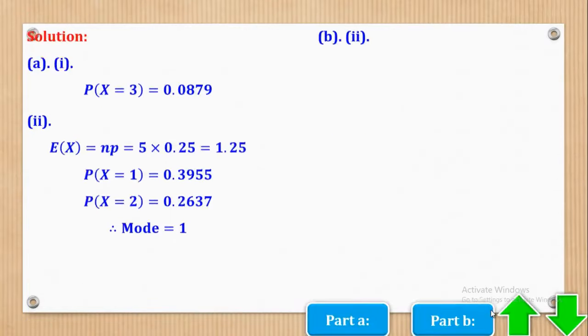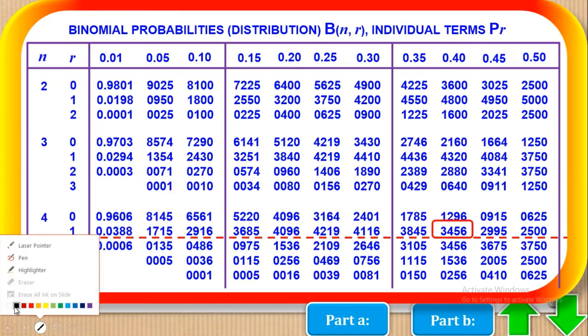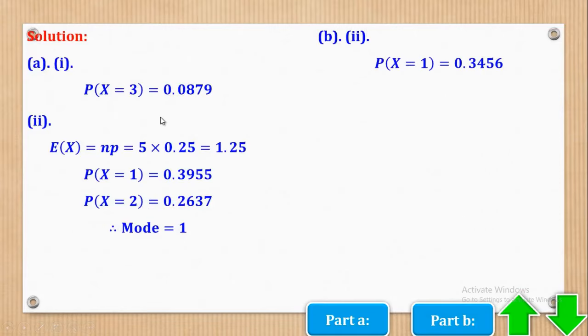Therefore, we go to our table and look for n, which is 4, then r, which is 1, and p, which is 0.4. The intersection is what becomes our probability of interest. So 4 decimal places, meaning that the probability is 0.3456. Therefore the required probability is 0.3456, as simple as that.